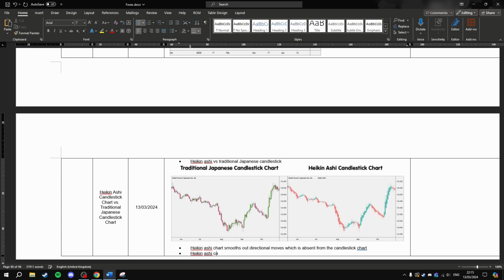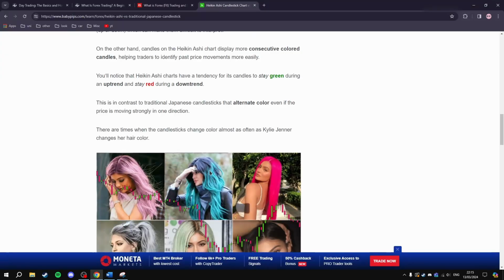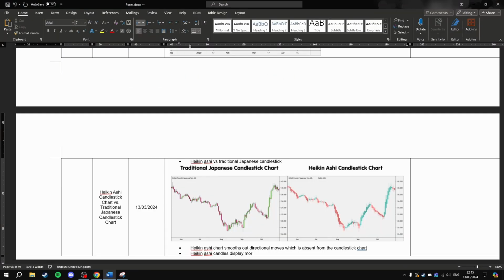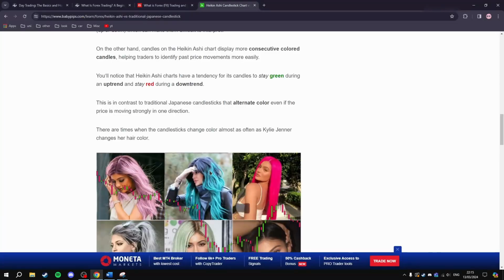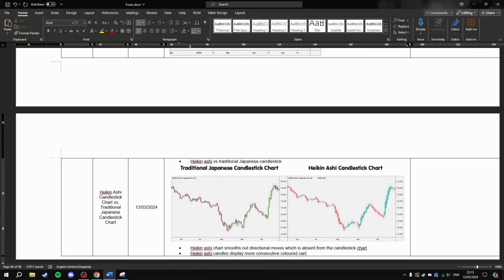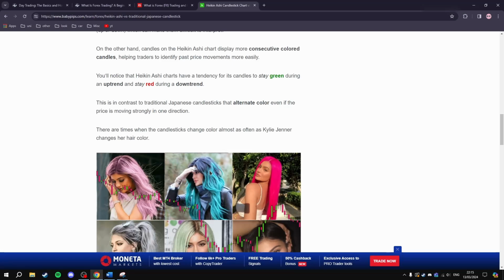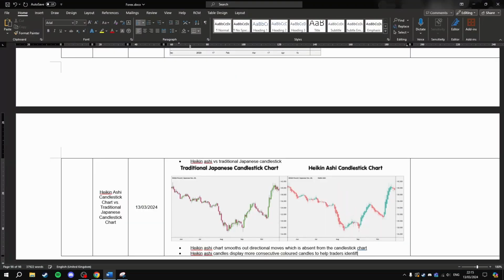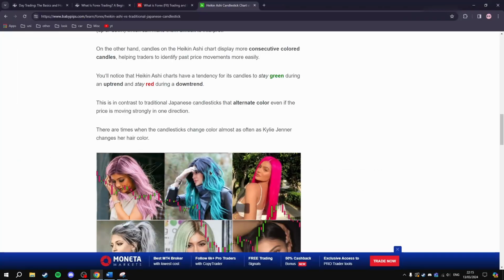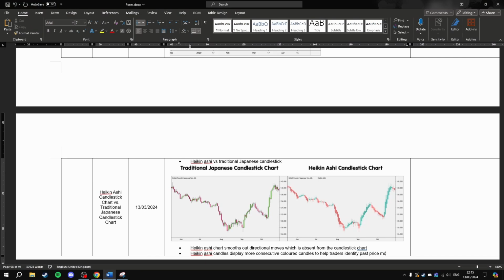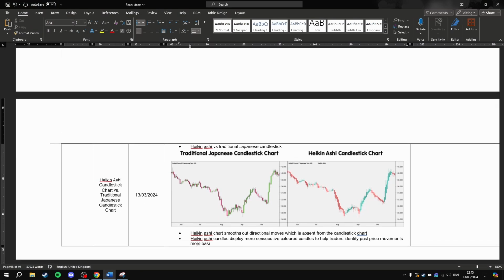Heikin Ashi candles display more consecutive colored candles to help traders identify past price movements more easily.